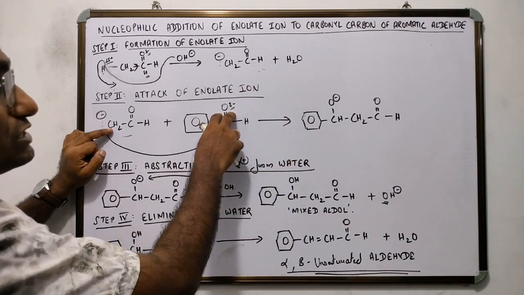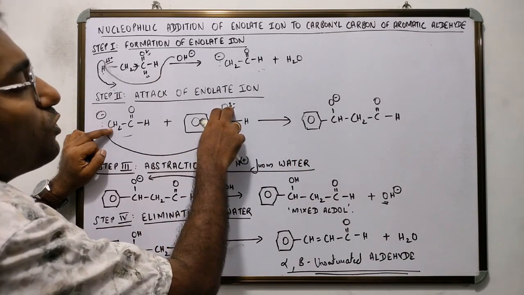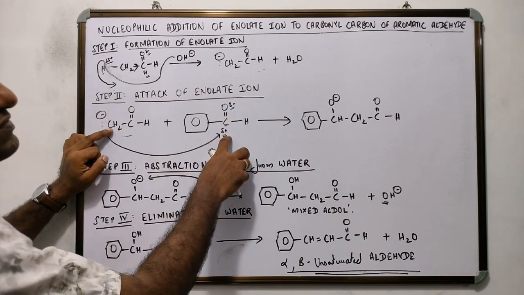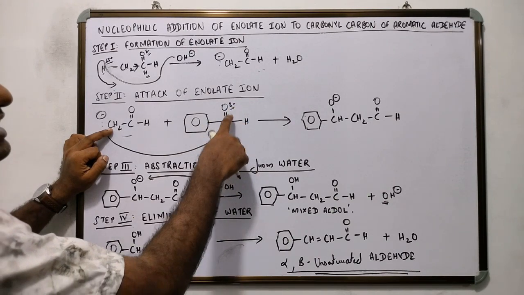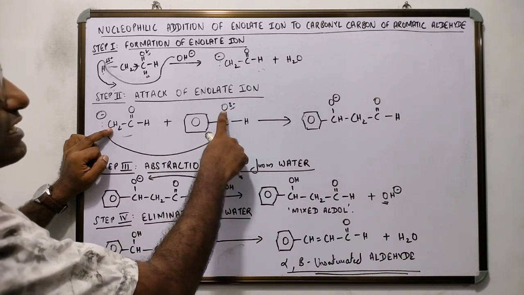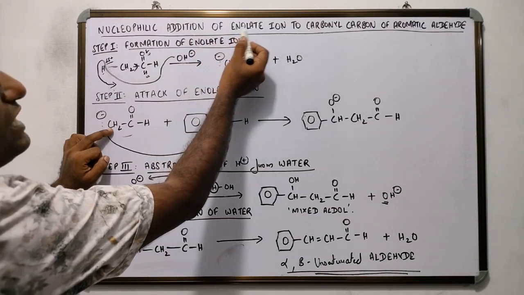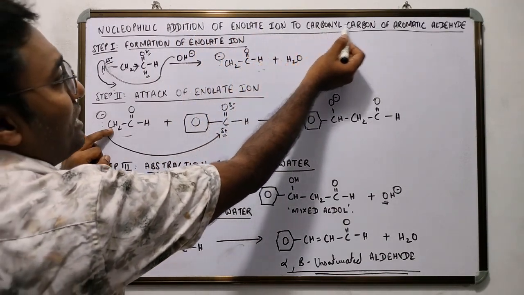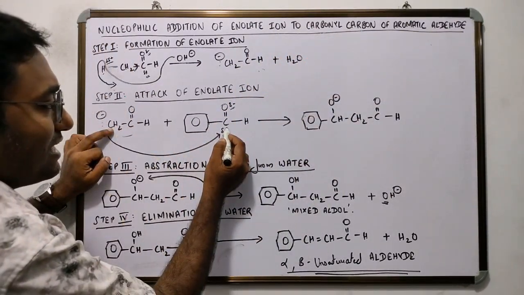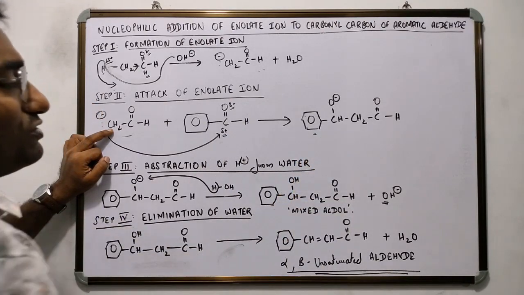Oxygen, simply because it is more electronegative, the shared pair of electron is always towards oxygen, resulting in a negative sign over oxygen and a positive sign over carbon. The positively charged carbon now acts as an electrophilic center. It is at this point that nucleophilic addition of the enolate ion to the carbonyl carbon of aromatic aldehyde takes place, and this results in the formation of this compound.